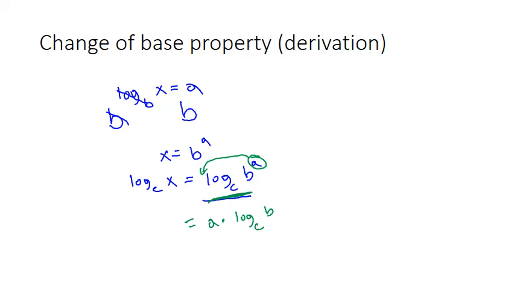So if we rewrote everything, now we have log base c of x. Let's get everything with the same base on the same side. So let's divide this side by log base c of b, and the other side by the same thing, log base c of b.